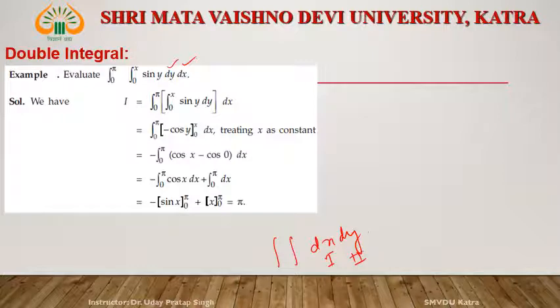Suppose this limit is constant, a to b and c to d, then evaluate this integral in the same order, dx and dy. If the limit is not constant, like here, then we have to see whether the limit is a function of x or a function of y. If the limit is a function of x, we call this one the internal integral and this one the external integral. So first is the internal integral.